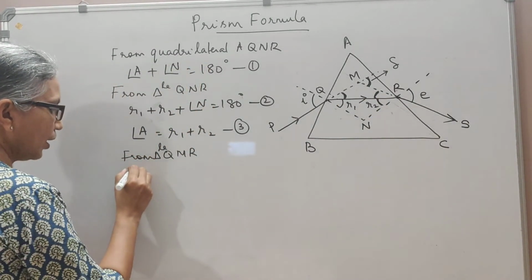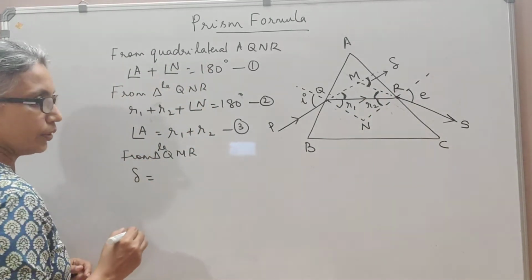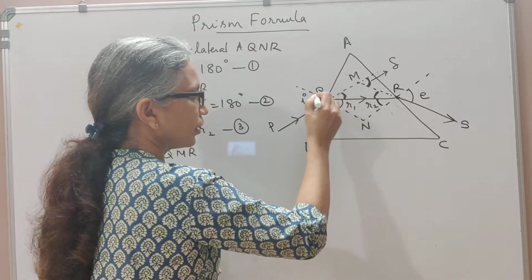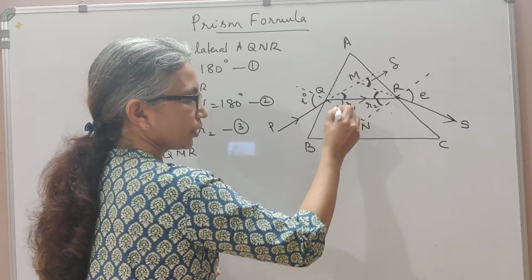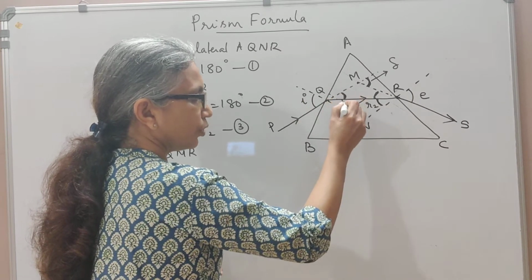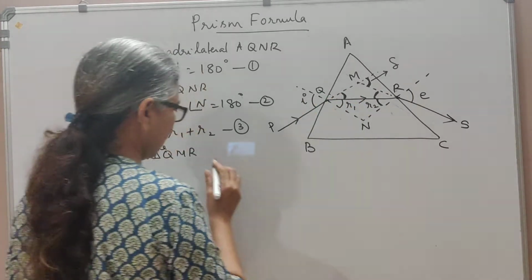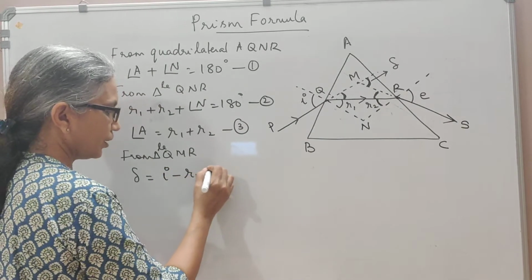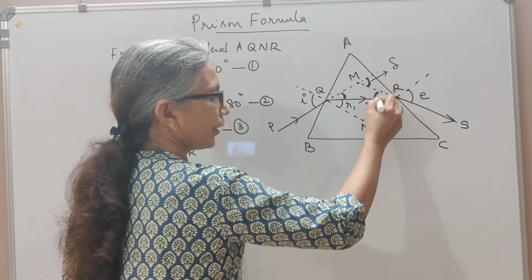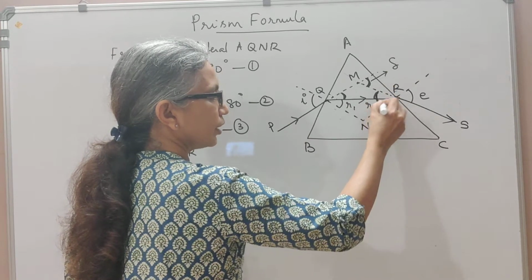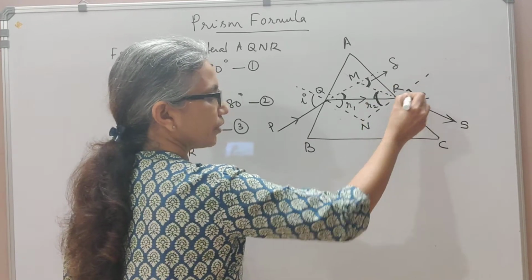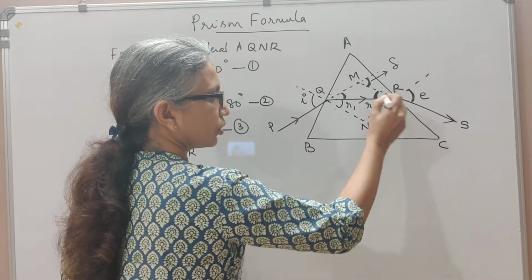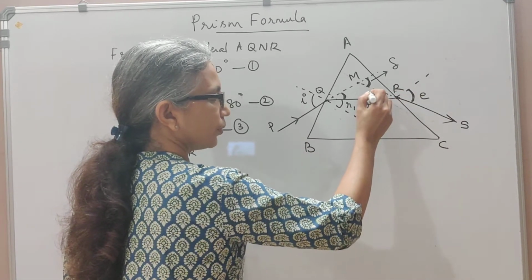So I may write exterior angle delta equal to, now see, this whole angle is angle I, vertically opposite. So this should be I minus R1. So I may write I minus R1 plus, now this whole angle here is equal to this angle E because they are vertically opposite. So this portion will be equal to total E minus the R2 will be here.